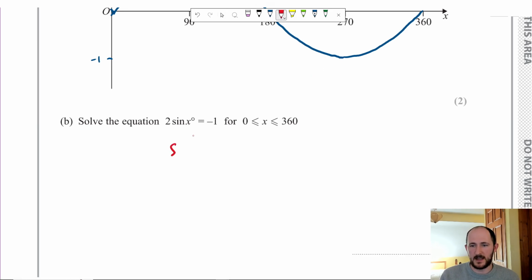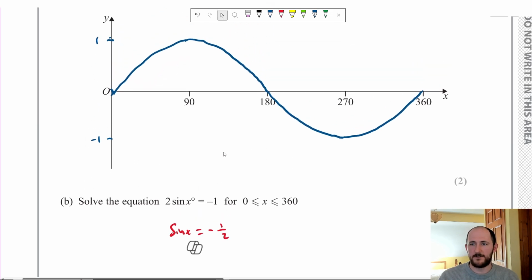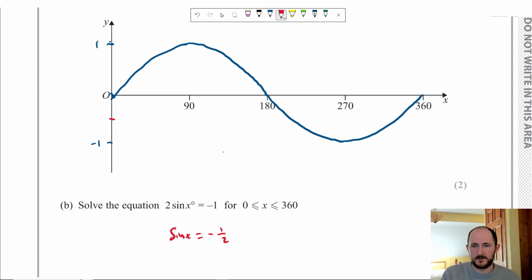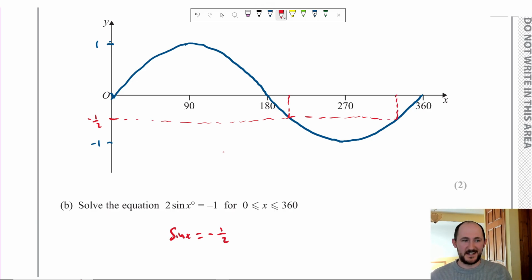So that means sine x equals negative a half. If I look at minus a half on this graph, we get that value. As you can see, between 0 and 360, it intersects twice. Now the only thing we have to do is figure out what that's going to be.